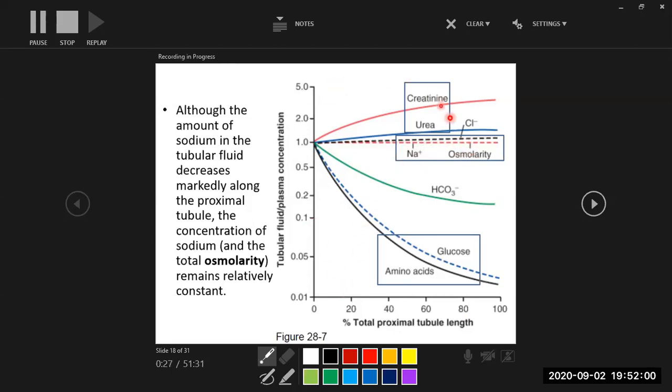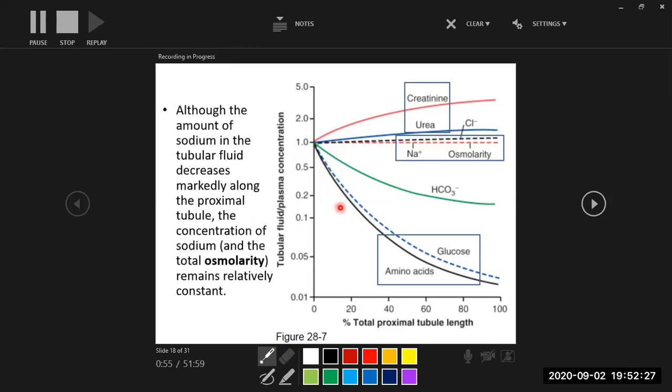So this figure is from the textbook, and it shows you that in the beginning of the glomerular filtration, the concentration of different molecules, for the glucose, amino acids, we can see that concentration drop from the initial. So this is all normalized to the initial concentration.